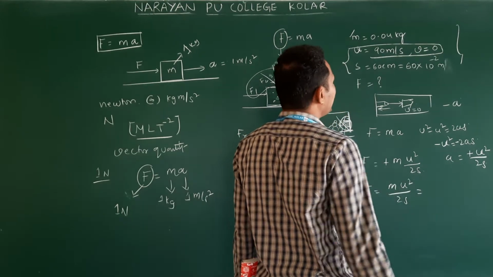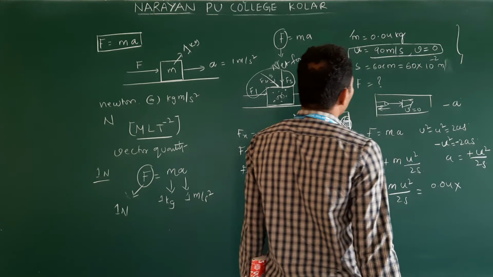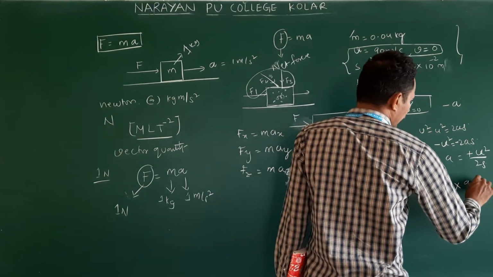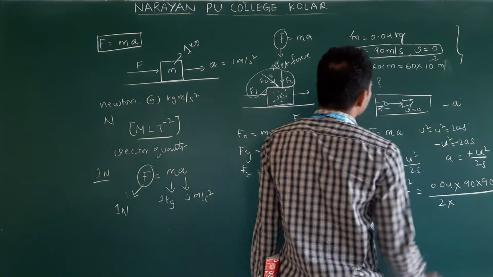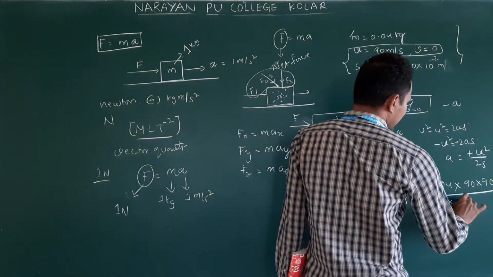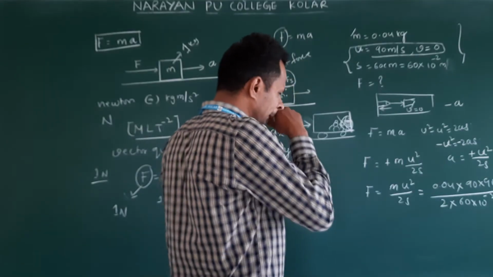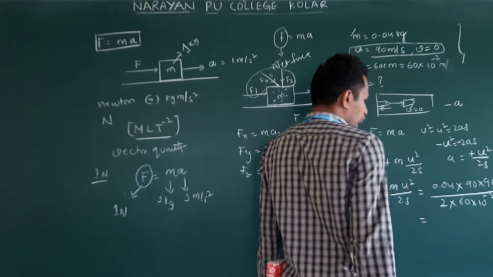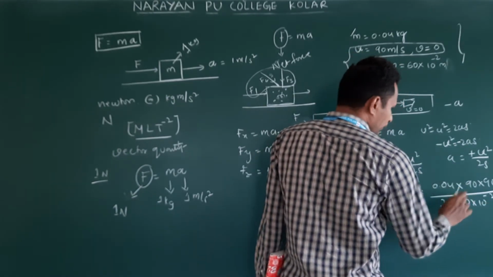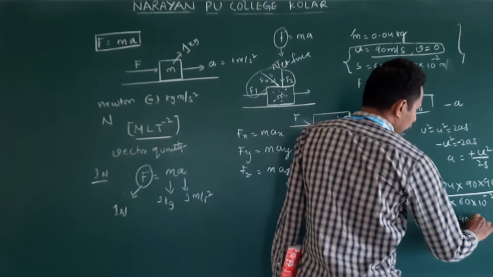Now substitute the M value. What is that? 0.04. What is the U value? 90. So 90 square is there. 90 into 90 by 2 into the displacement, which is 60 into 10 power minus 2. Now this 2 goes up. So 0.04 into 90 into 90.